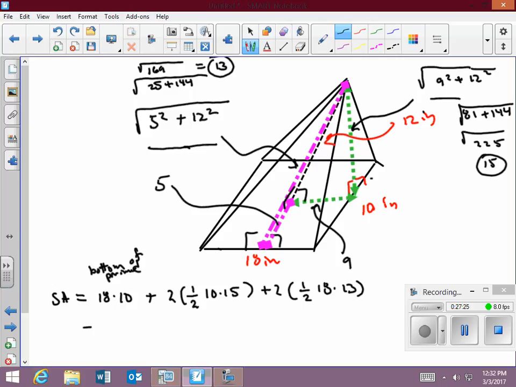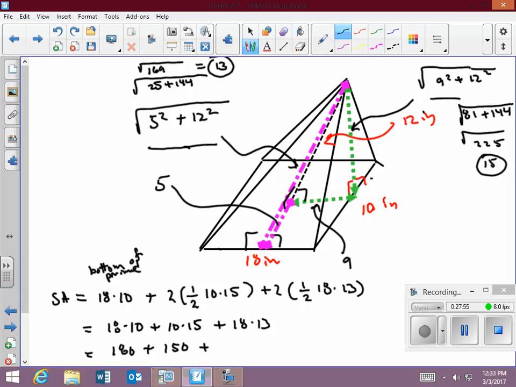So this is 18 times 10. The 2's go out, so it's 10 times 15 plus 18 times 13. Plus 150 plus, how can we figure that?